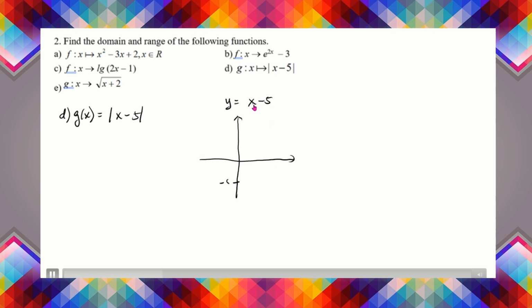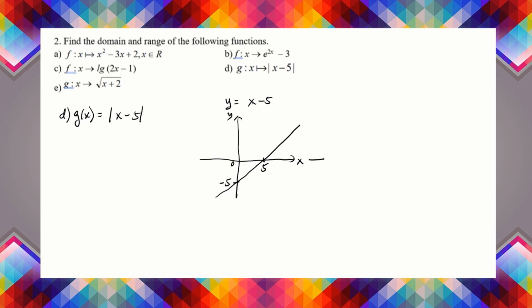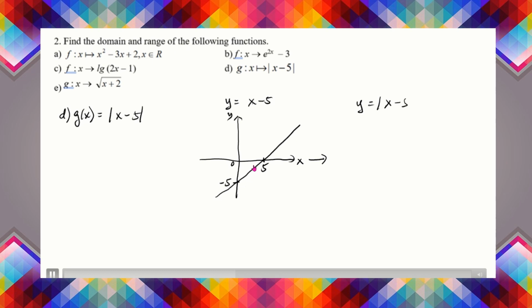When x is 0, y is negative 5. When y is 0, x is 5. From here, we go to modulus. Modulus means for the part of the graph which is below the x-axis, we just reflect the graph up.